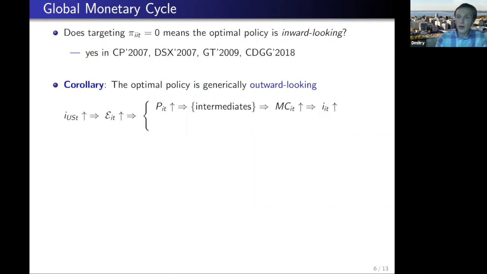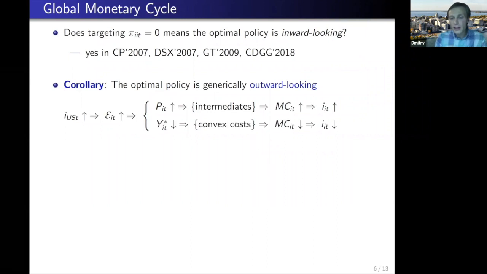Because monetary policy wants to stabilize producer prices, it needs to intervene and increase the nominal interest rate. So we see that in response to a rise of the US interest rate, all other countries will also tighten their monetary stance. There is a positive movement in monetary policy across the countries in this case.